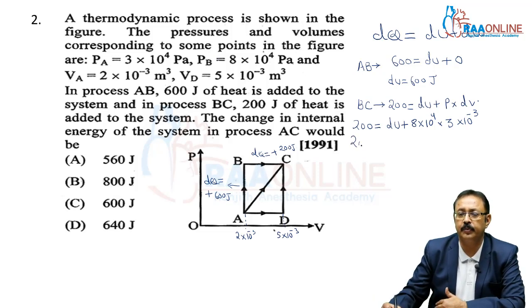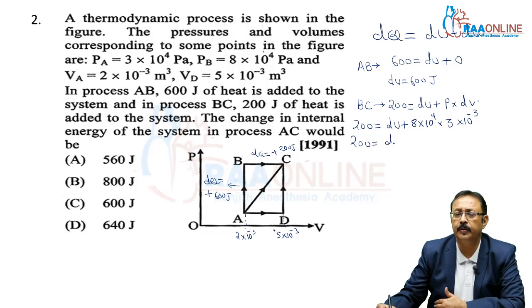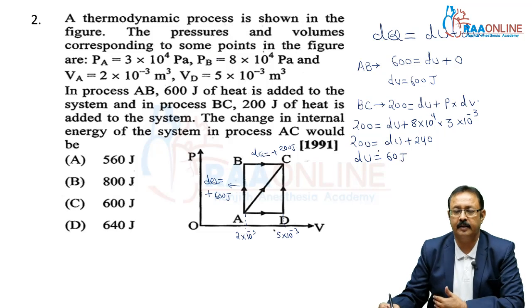200 is equal to du plus 8 into 3, 24, into 10 to the power minus 3 plus 4, minus 3 plus 1, which gives 240. So we are getting du equal to minus 40... du is equal to 60 joule, again positive.